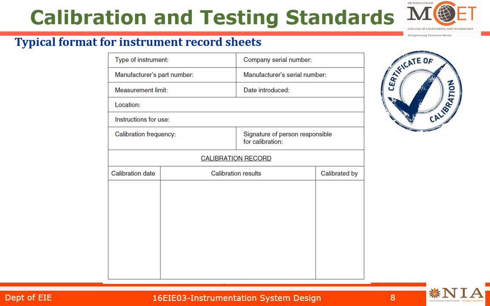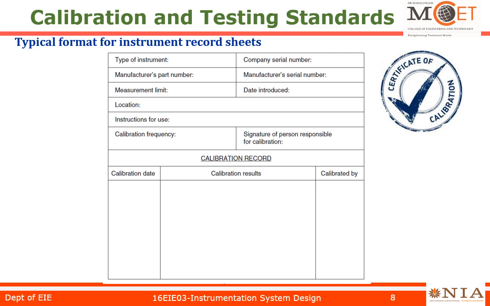Next, how to record this test value or calibrated value. There is a particular template you can see here, the typical format for an instrument record sheet. There you can find type of instrument and company serial number, manufacturer's part number, manufacturer's serial number, and measurement limit, and date introduced, and the location, and instructions for how to use, and calibration frequency, and who is responsible.